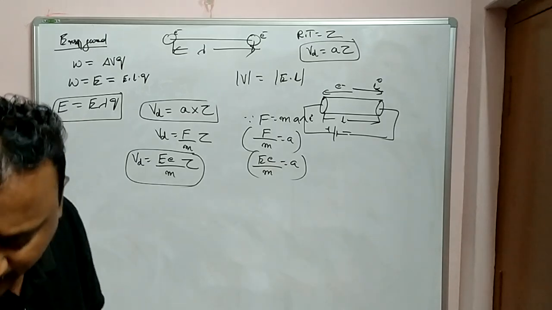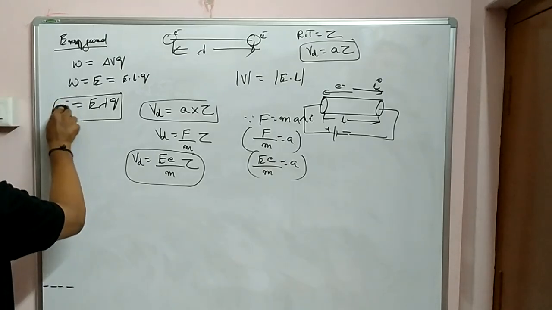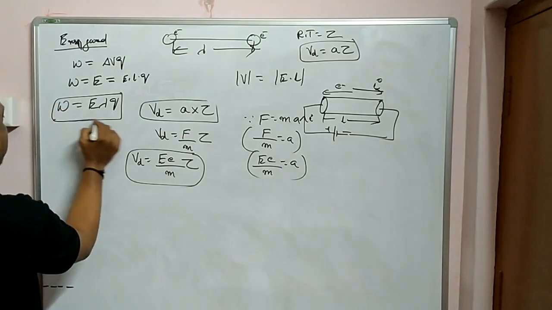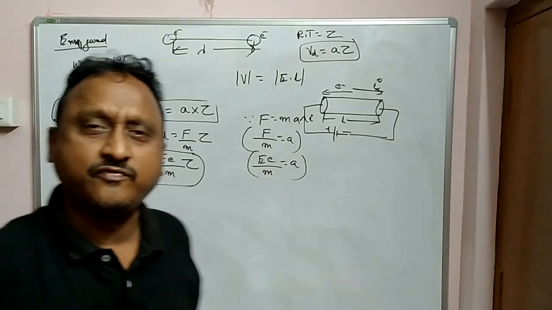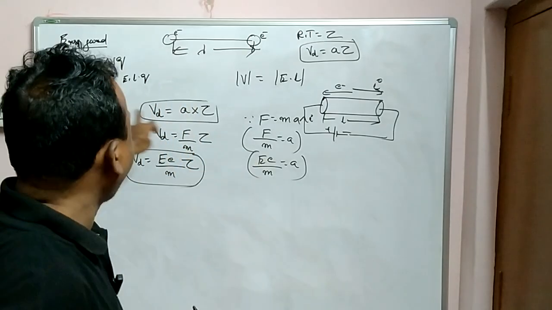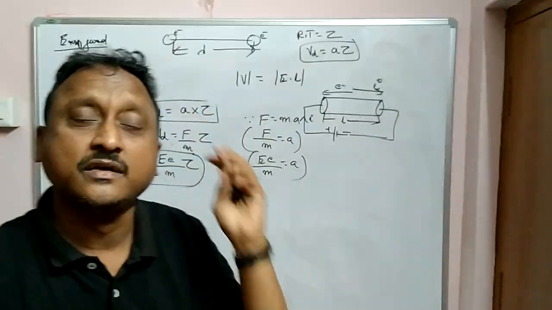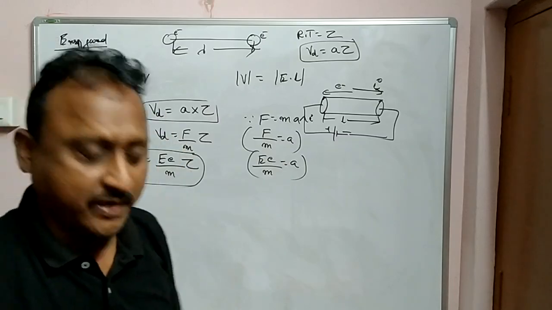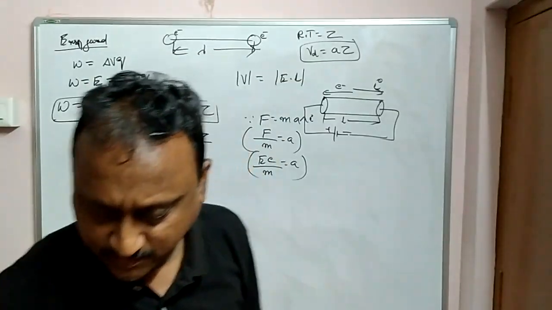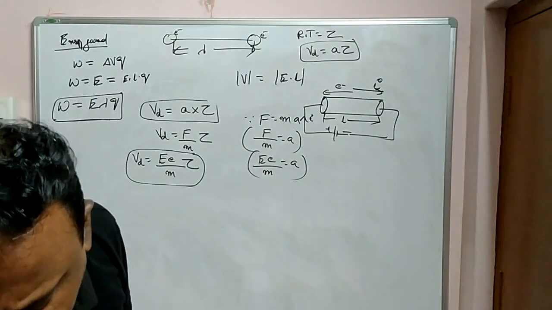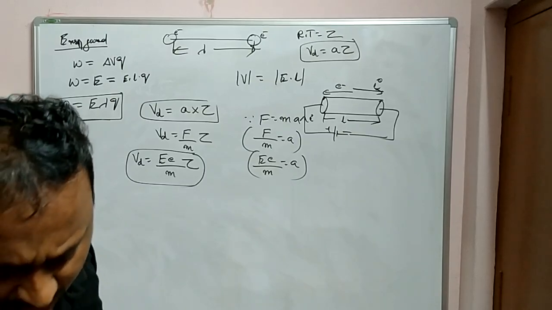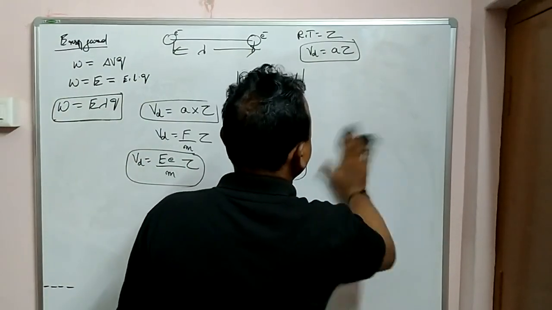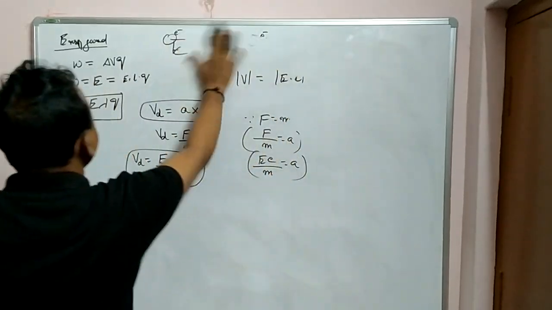To avoid confusion between the two E's, I'll write work as W. So energy gained or work done, W, is equal to electric field E into wavelength lambda into charge Q or small e. This is the formula for energy gained between two successive collisions. Clear? These formulas you have to utilize while doing numerical problems.